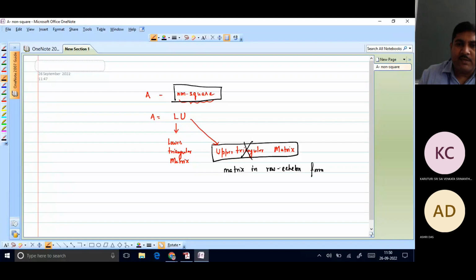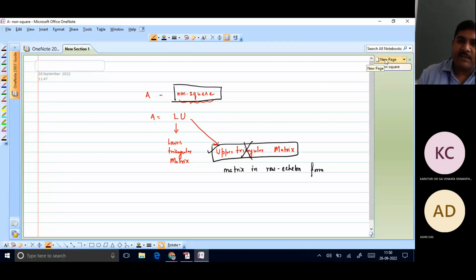Instead of an upper triangular matrix, it is a matrix in row echelon form. So let us try to work out some problem so that we can handle this type of matrix.